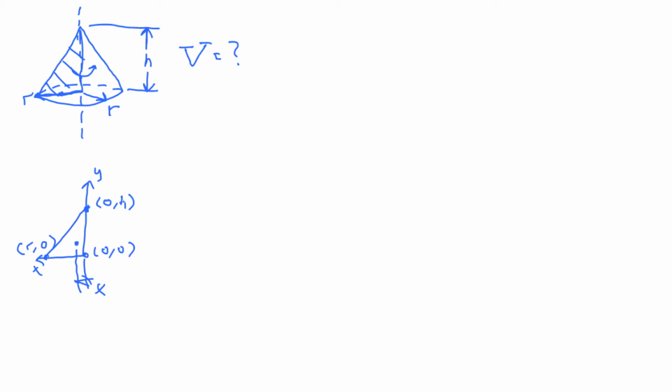If we average the y-coordinates, that gives us the y center of area. I'll get both real quick here. If we add up all the x components, we get r plus 0 plus 0, and divide that by 3 points, which gives us the average, r over 3, or in other words, 1/3 r.